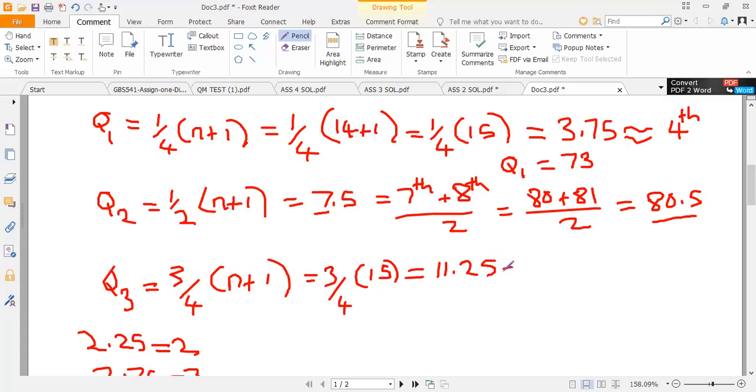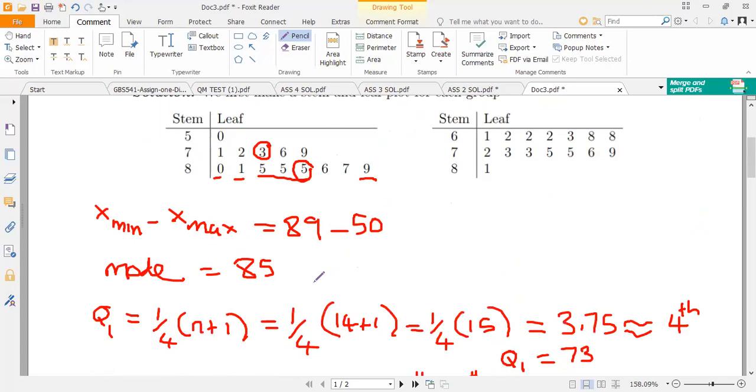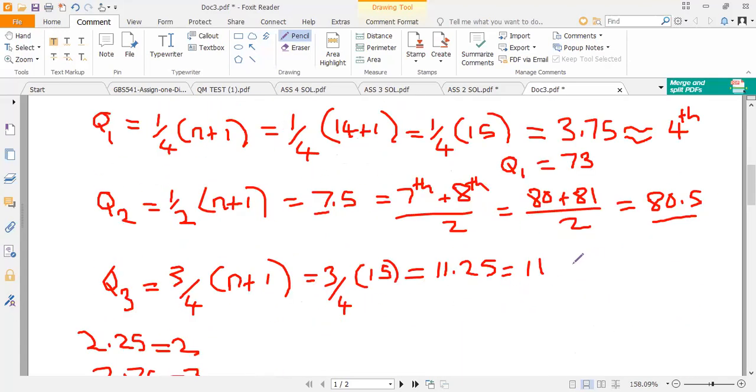So which position are we getting? 11. So we're going to count 1, 2, 3, 4, 5, 6, 7, 8, 9, 10, 11. What number is this? 85. Excellent. So that is 85. So our Q3 is 85.